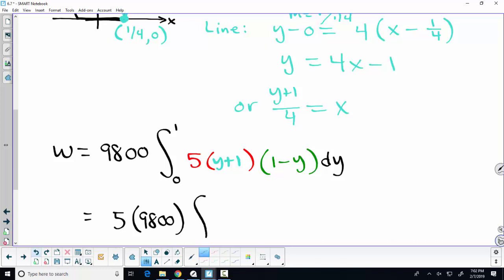And then this is the integral from 0 to 1. Yeah, difference of squares, 1 minus y, 1 plus y.